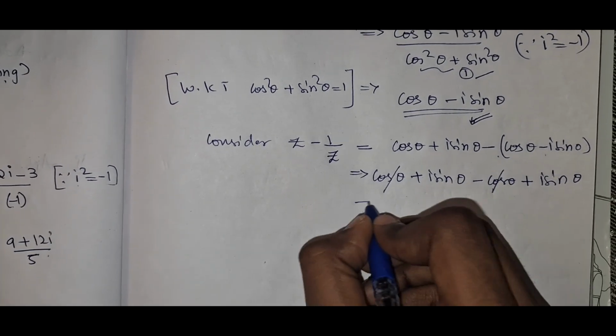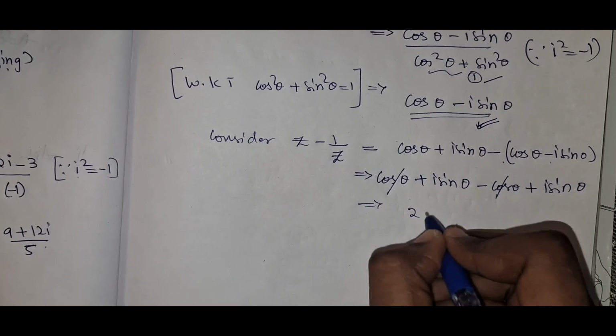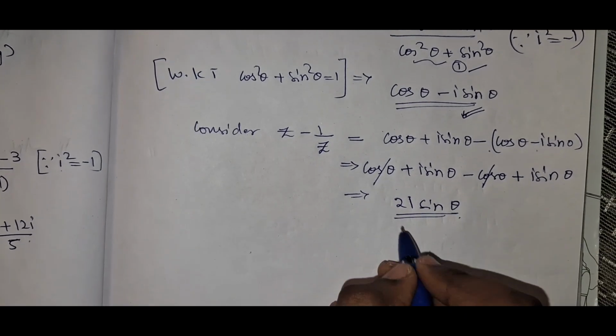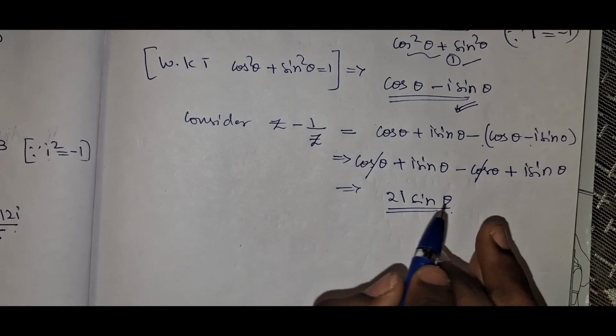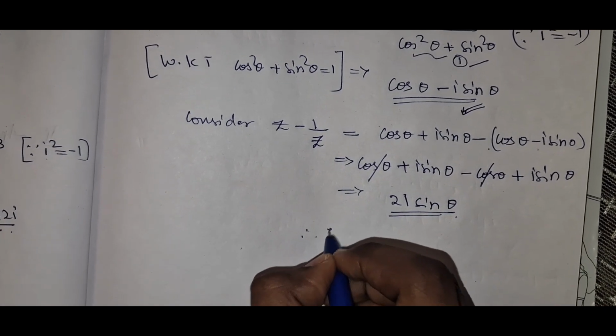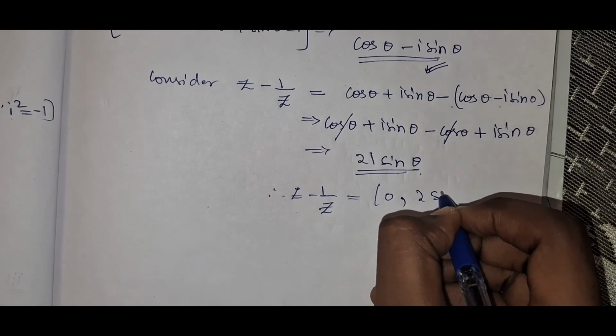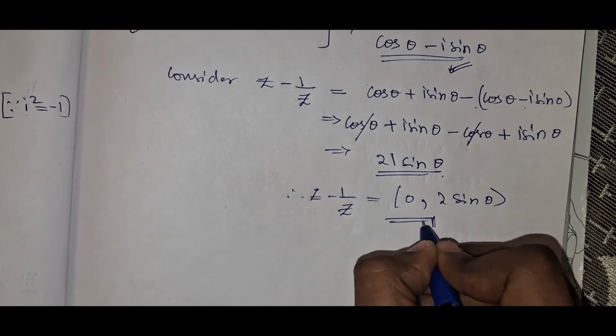These can be cancelled, so at the end we get the answer as 2i sin theta. Therefore here the real part of the complex number is 0. Therefore z minus 1 by z is equal to 0, 2 sin theta. This is the answer.